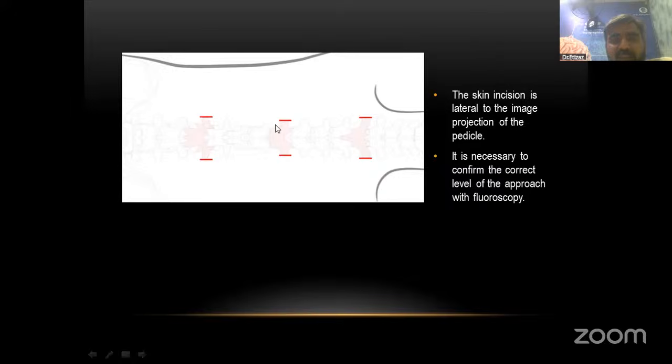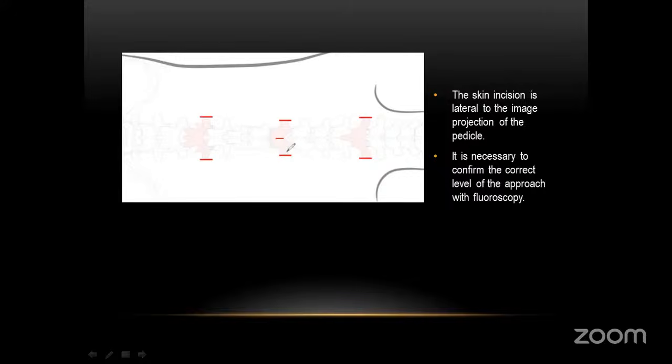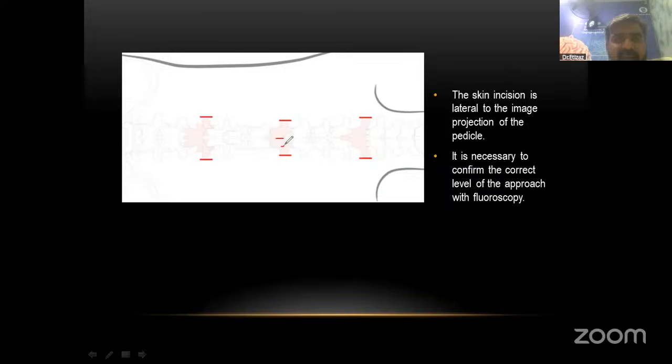So this is the picture. You can see the skin incision. There are two things that are important. You should know that this is the midline, this is the spinous process, and this is the area of the pedicle bilaterally, and this is the area where we can give the incision.